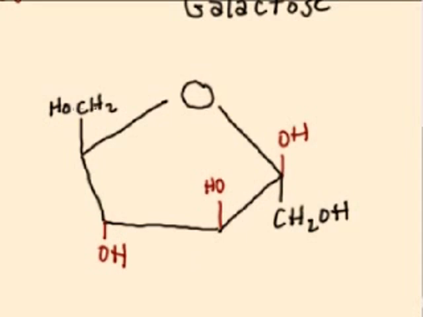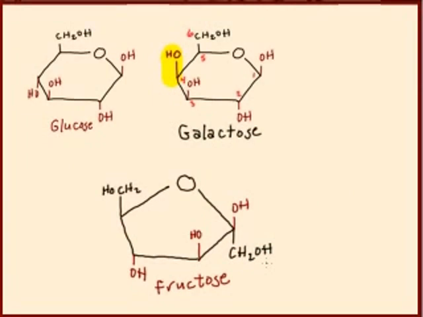And so this structure has the same molecular formula as that of glucose and galactose. This is called fruit sugar, or fructose. And this is the third simple sugar that I need you to know. Now, each of these sugars is called a simple sugar.